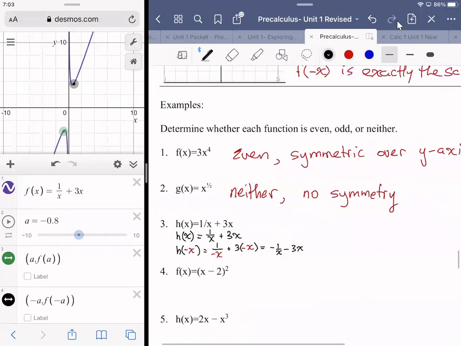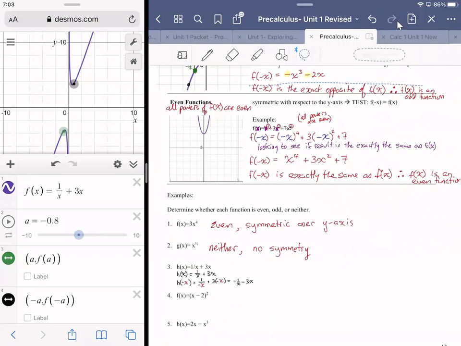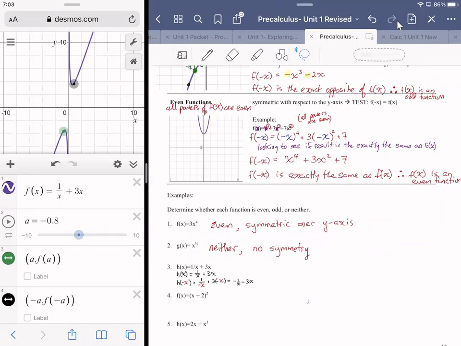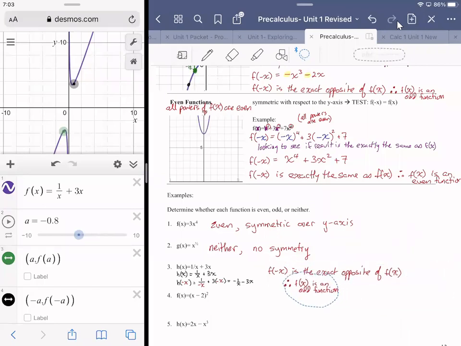All right. So this is going to be an odd function. Sorry, I'm being a little lazy here. So this one is going to be an odd function because f of negative x is the exact opposite of f of x. So we're looking at an odd function.